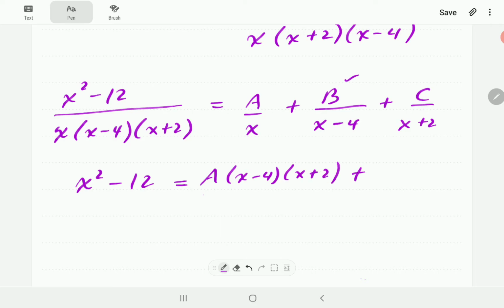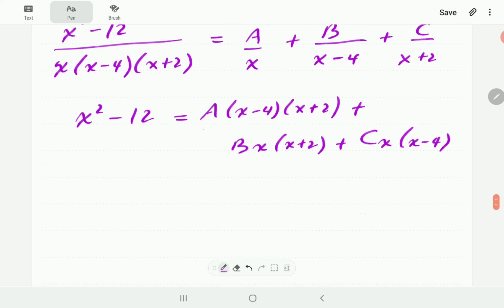For the middle term, the x minus 4 cancels, so we have Bx times x plus 2. For the last term, the x plus 2 cancels, so we have Cx times x minus 4.